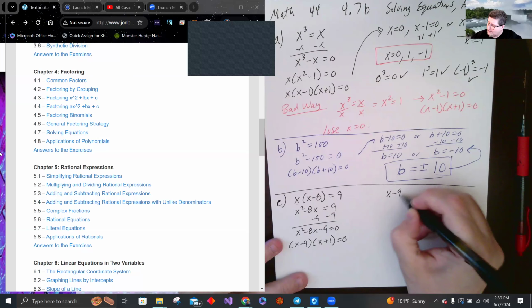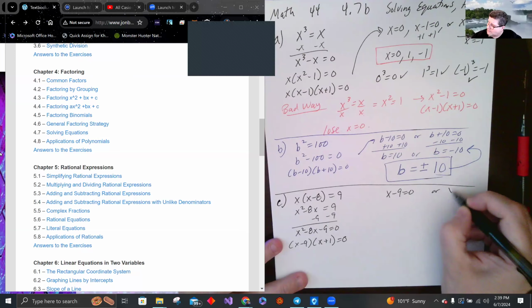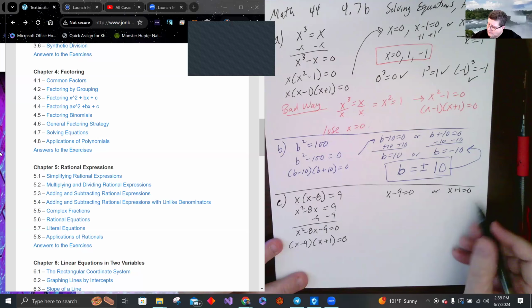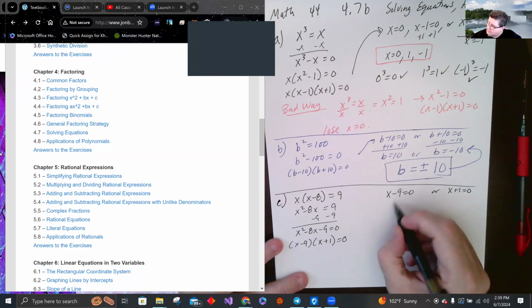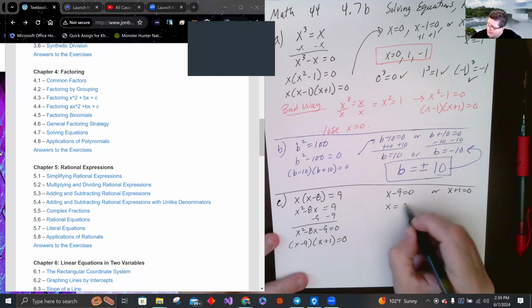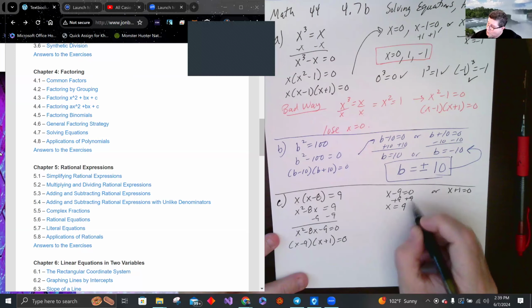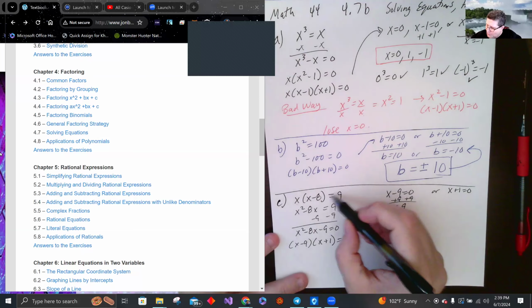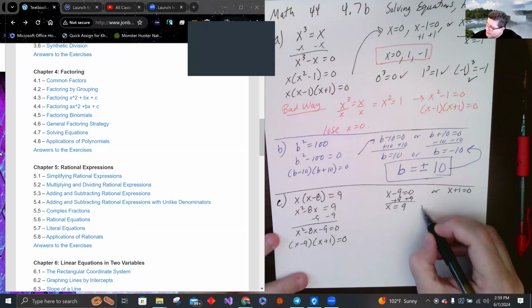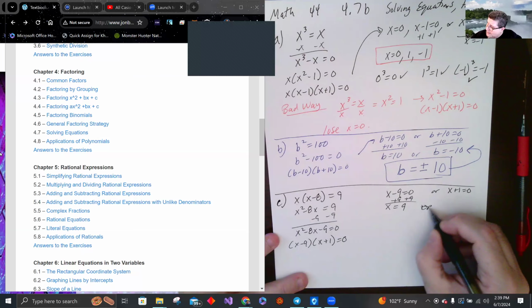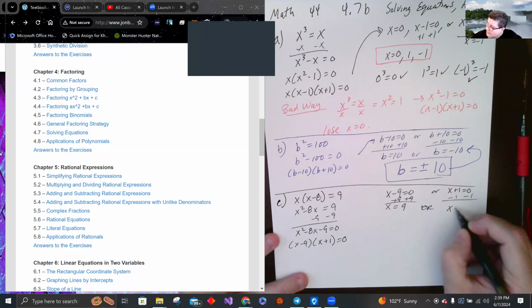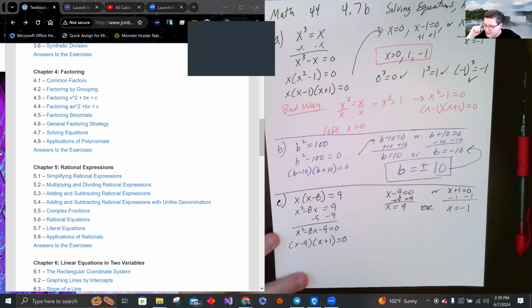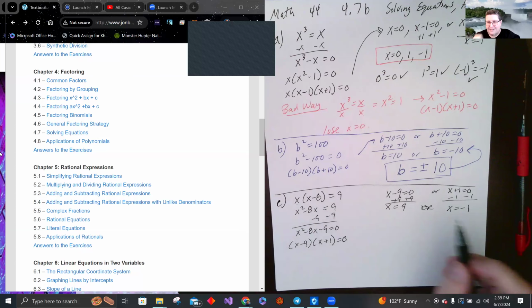Set these equal to 0. And I get x equals 9 if I add 9 to both sides, which kind of matches if you did it the wrong way. But we also get x equals negative 1, which wouldn't have matched. If you said x minus 8 equals 9, you would have gotten 17.